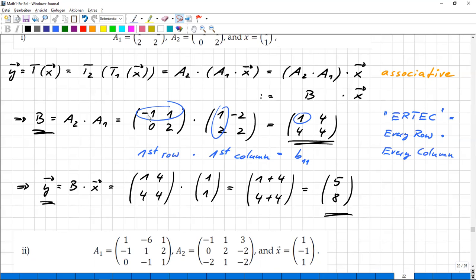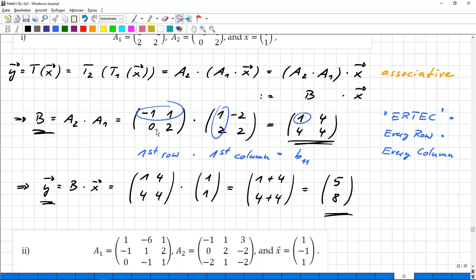So this number times this number plus this number times this number. This is what I call first row times first column. If I take the first row and the first column, this corresponds to the element B1,1 in the resulting matrix. It's quite simple to remember.